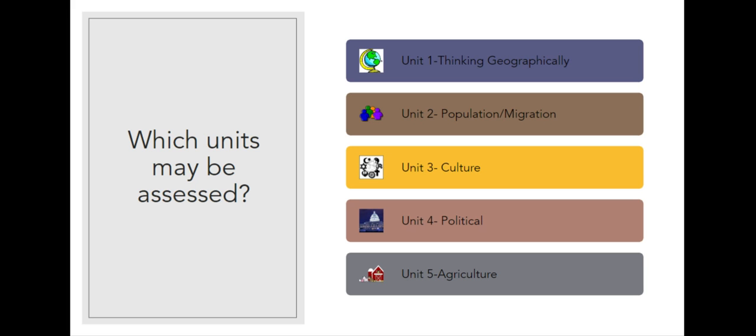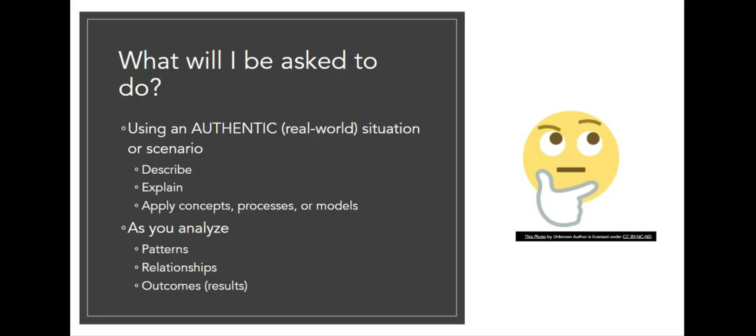Also realize that I would anticipate that the two free response questions would cover most, if not all, of these units. Obviously not in full, but at least a component from most, if not all, of these units. So in other words, it could be a population question that has a part of it that is focused on the political aspects of things, as an example.